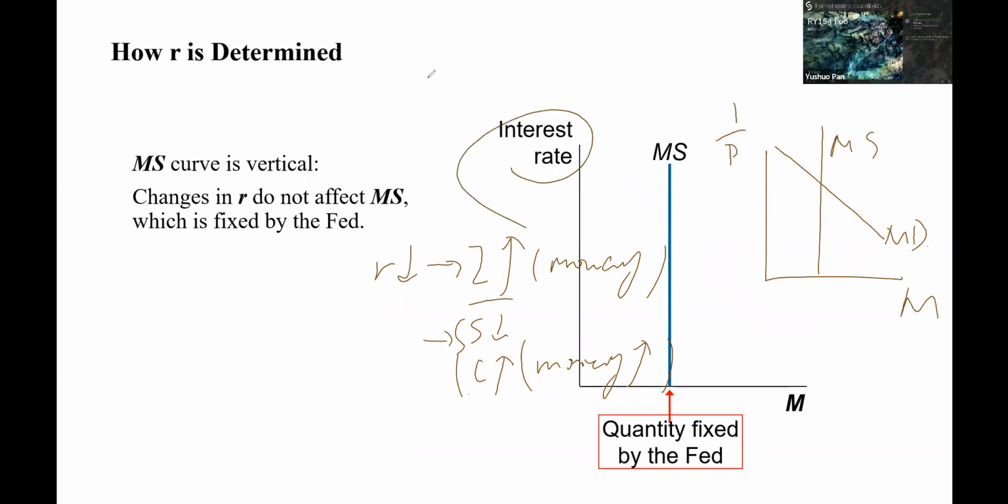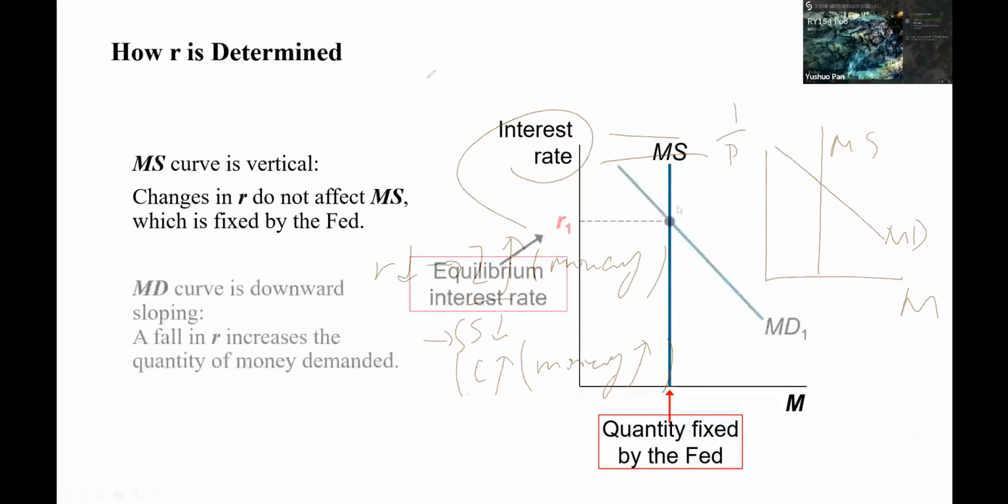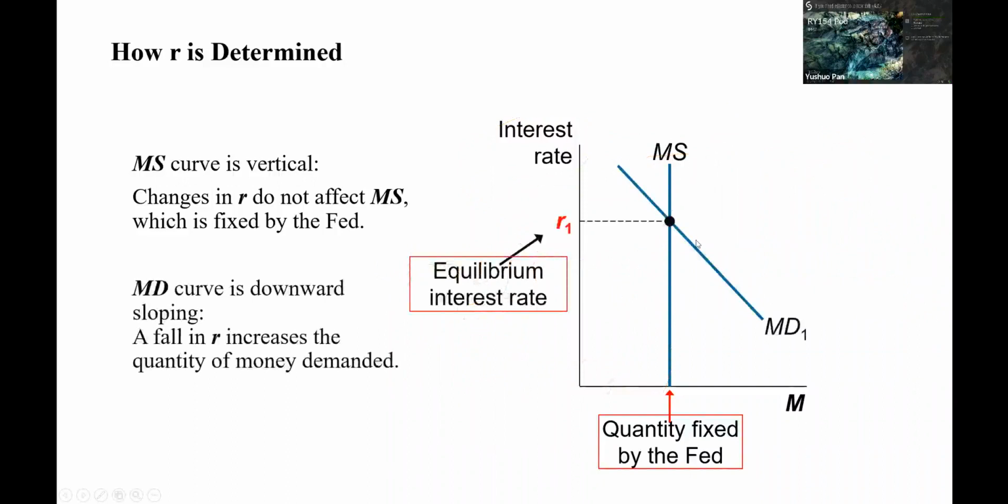If the value of money increases, we need more money, then the interest rate will be higher. If the value of money decreases, which means money means nothing, we do not need money, then the interest rate is going to be lower. So you can imagine that the interest rate is the value at the intersection between the money supply and the money demand. That's the equilibrium interest rate.